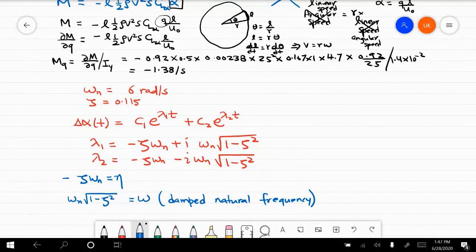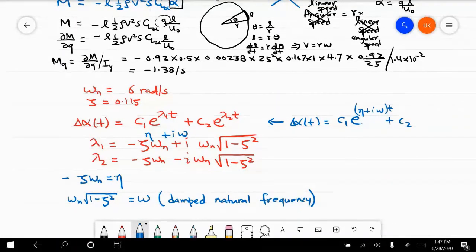Okay, so coming back to this solution for the change in angle of attack, this can be written as c1 e to the lambda 1 t, so lambda 1 is eta plus i omega, plus c2 e to the lambda 2 t, which is eta minus i omega. So e to the power eta minus i omega t.